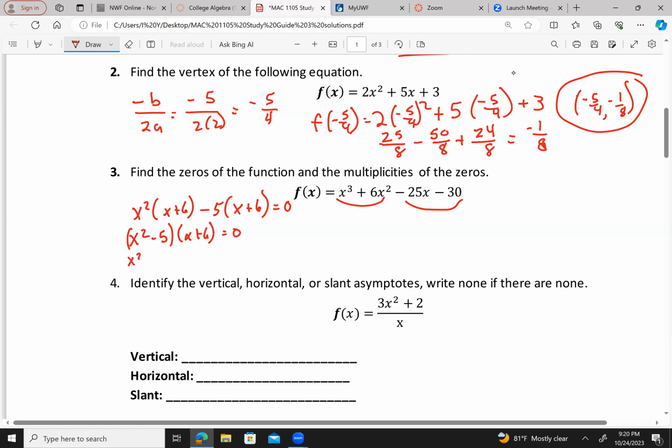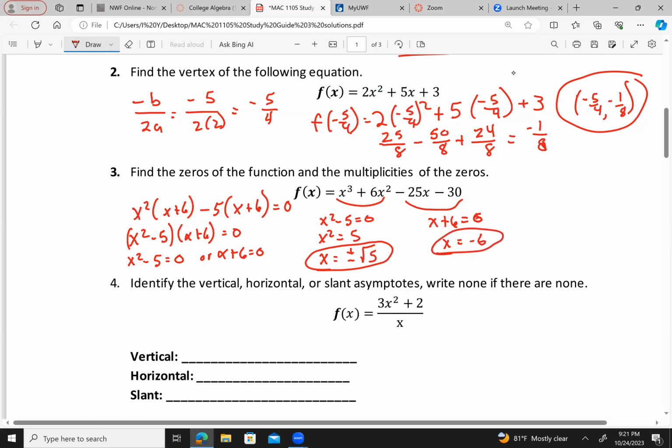So either x squared minus 5 equals 0 or x plus 6 equals 0. If x squared minus 5 equals 0, x squared equals 5, and x equals plus or minus the square root of 5. Likewise, if x plus 6 equals 0, then x equals -6. So my zeros are square root of 5, negative square root of 5, and -6.